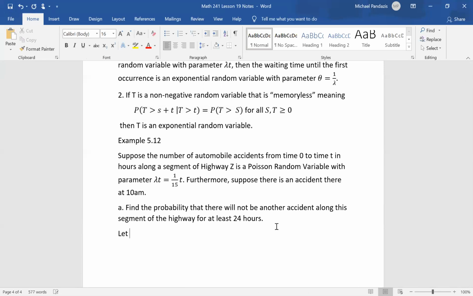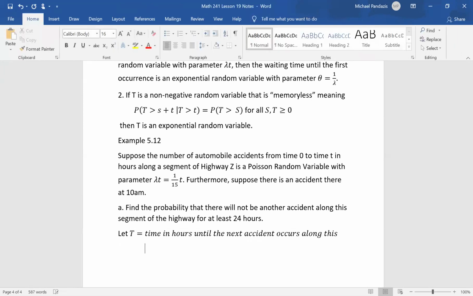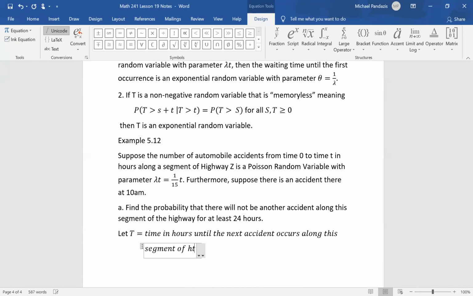Okay, so let capital T equal time in hours until the next accident occurs along this segment of the highway.